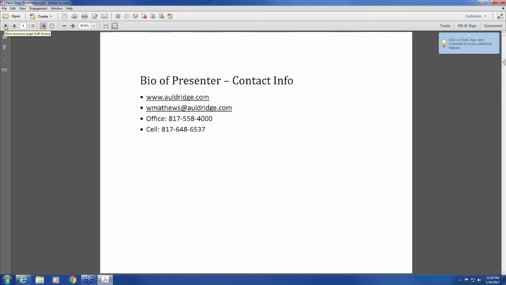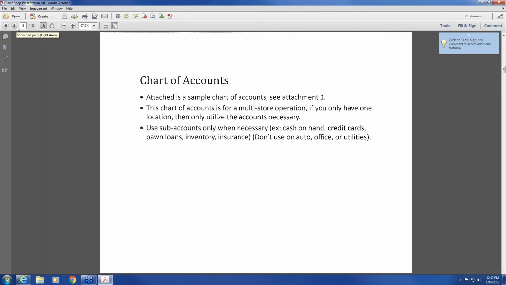The first key to getting your pawn shop accounting done correctly is to make sure that you've got a good chart of accounts and that the chart of accounts is set up in the proper order. I know a lot of times people set up their own chart of accounts from scratch or in a method that they think is the way it needs to be, and in reality things get posted incorrectly because the chart of accounts is not set up very well.